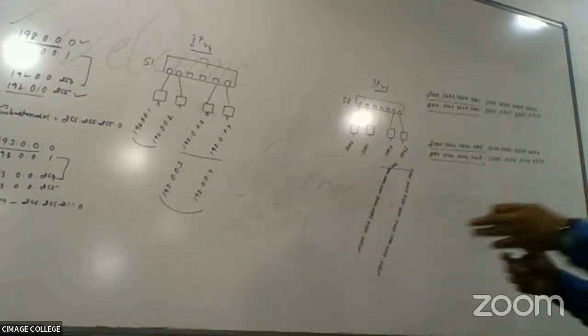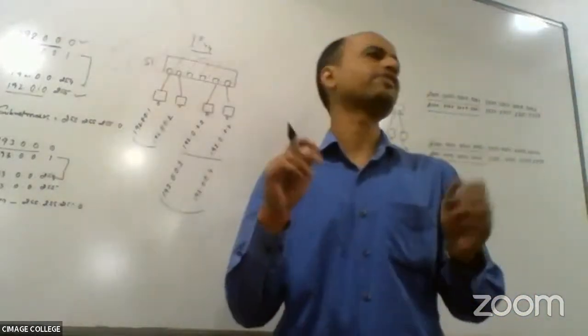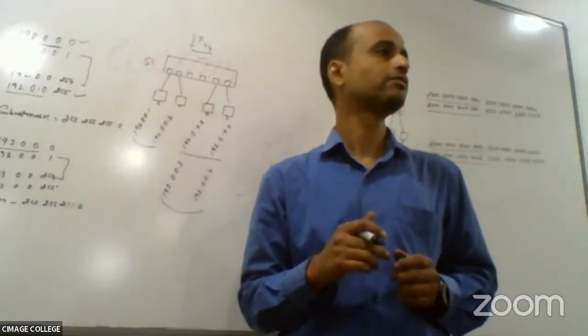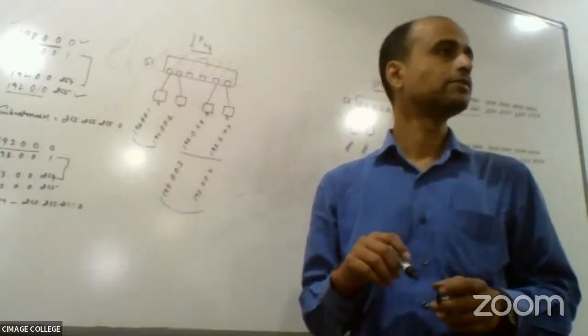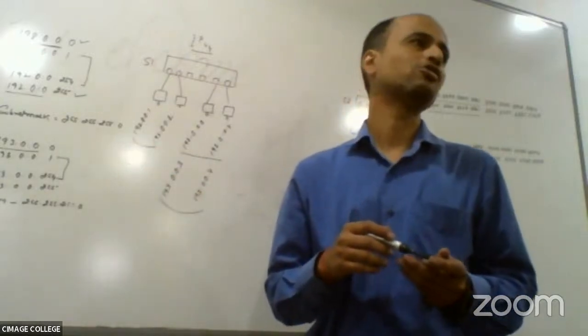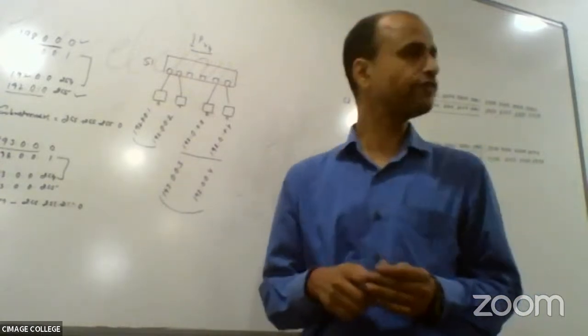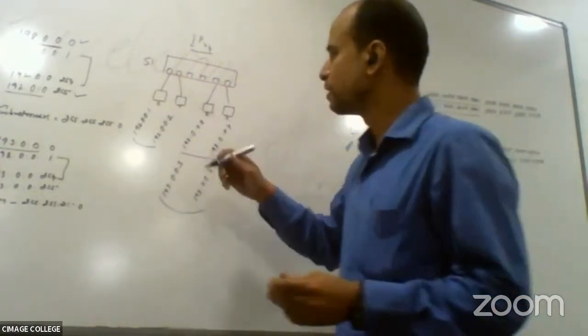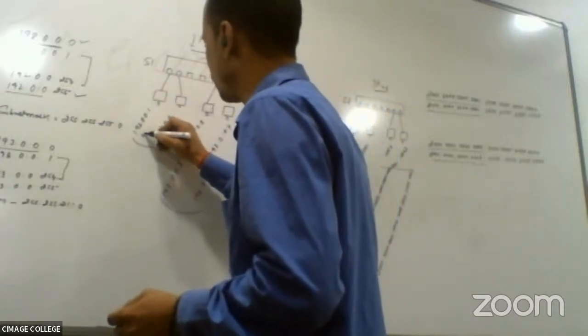Suppose we have to write this subnet mask value as a subnet prefix length. Then what should we write here? How many network bits are there? Not only 3. Network bits: 24. So if we use subnet prefix length, then in that case we will write 24 here.